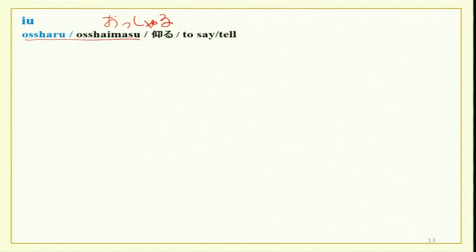This verb you have done, iu, which means to say. What is the polite for iu? Polite for iu is ossharu, as is given. Osshaimasu, to say.